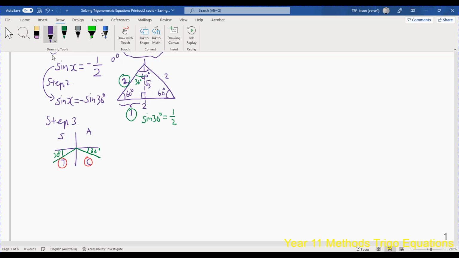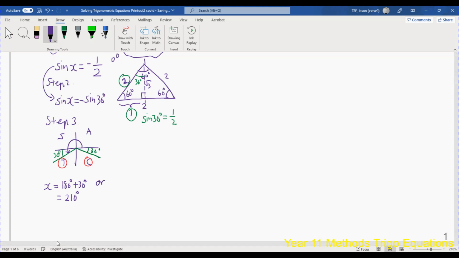So that would be our first solution. This solution would be from here, from 0 to here. Which is quite obviously 180 plus 30, right? So that becomes 210.